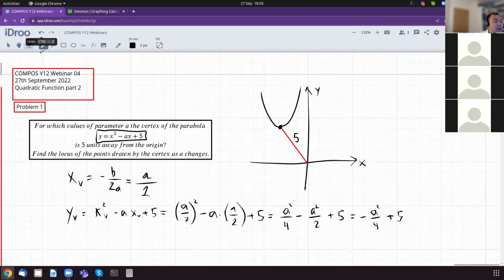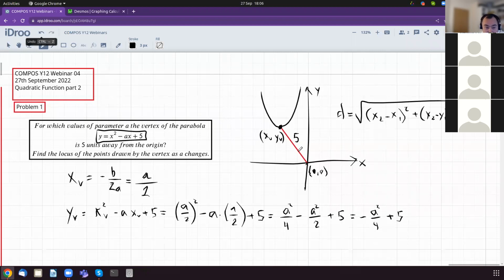Okay. And we know now, if this is x vertex, y vertex, and this is 0, 0, we can use the formula for the distance between 2 points on a Cartesian plane. The distance between 2 points is the square root of x2 minus x1 squared plus y2 minus y1 squared.